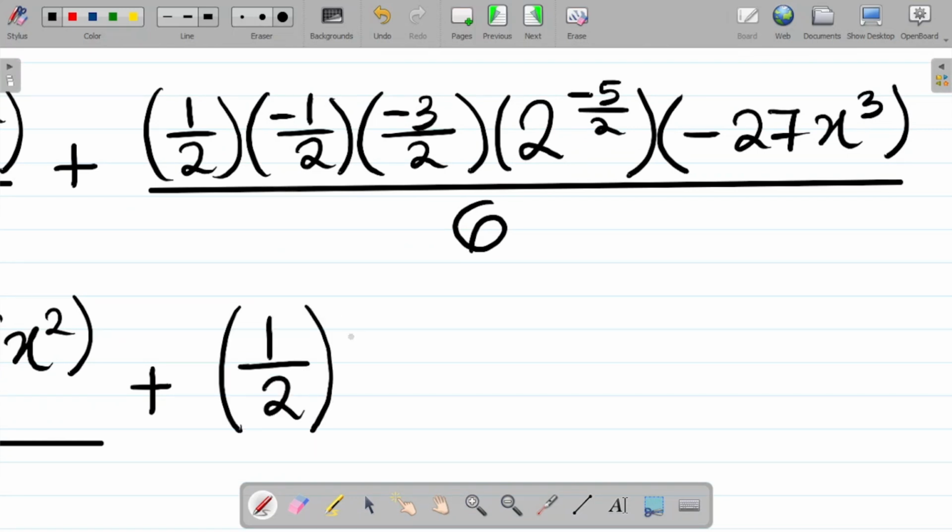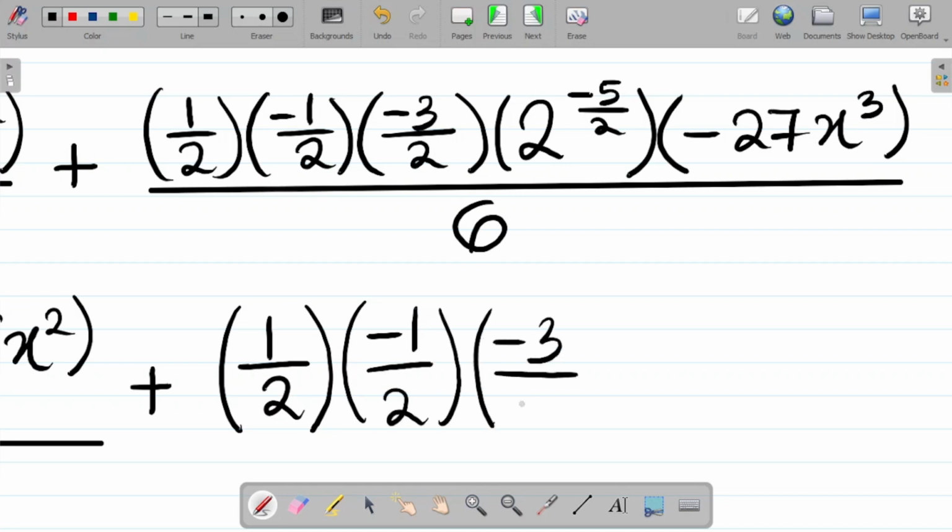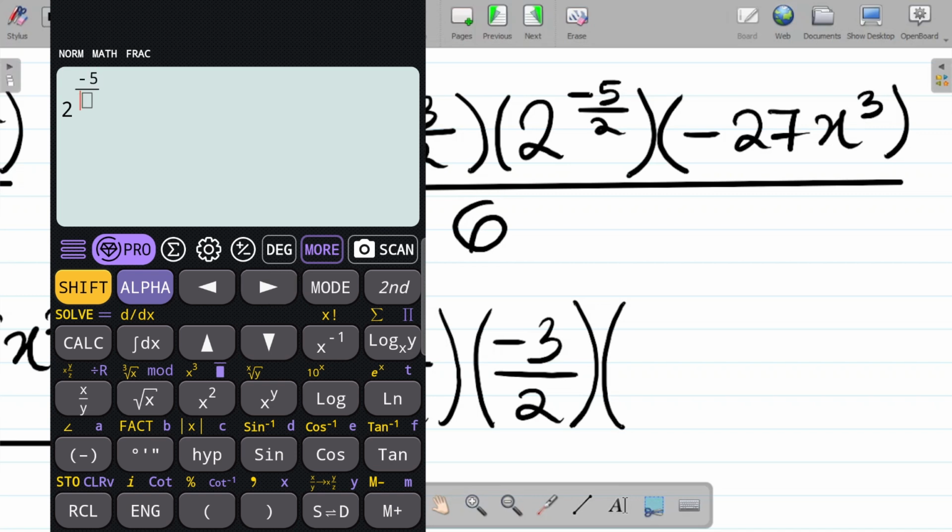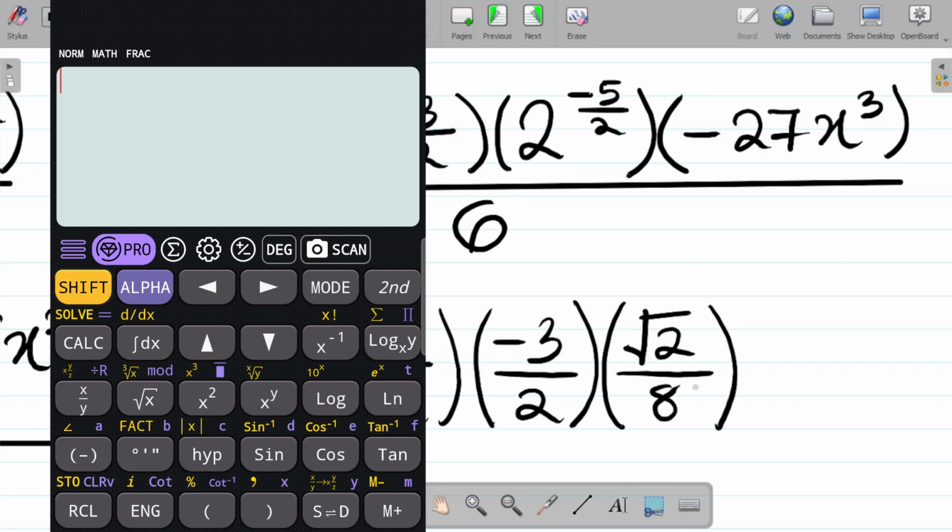This into, next thing I have this minus 1 over 2, into minus 3 over 2. I have this. Next thing I have there is 2 raised to power minus 5 over 2. And if you punch that, 2 raised to power minus 5 over 2, what you have there as your answer is root 2 over 8 after simplifying. All right, you have root 2 over 8.